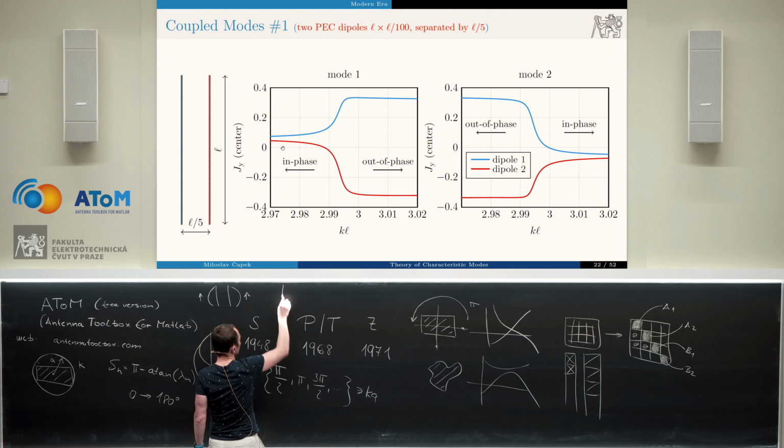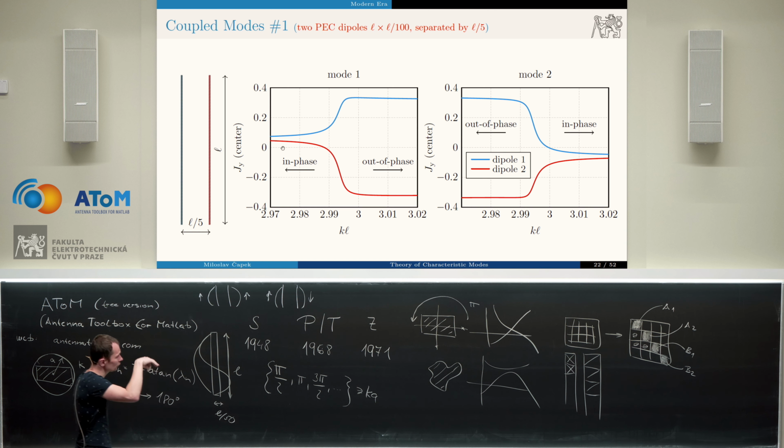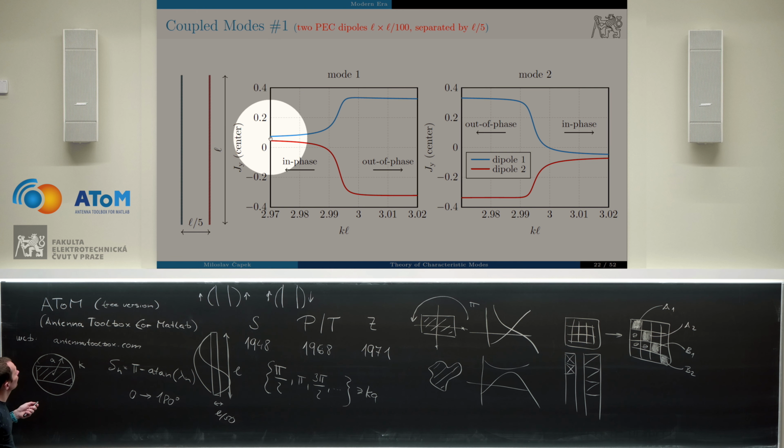While the out-of-phase mode for two dipoles is that the current for the first dipole is, for example, going up, and for the second dipole is going down. And what you can see here is quite shocking, that the in-phased mode changes to an out-of-phased mode above the crossing avoidance. And the contrary is valid for the second mode, which is out-of-phase below and in-phased above.